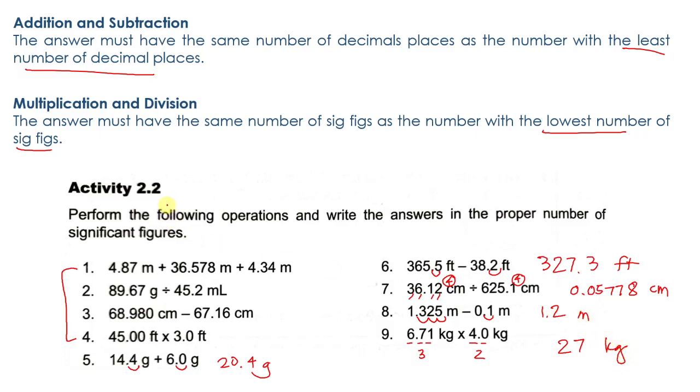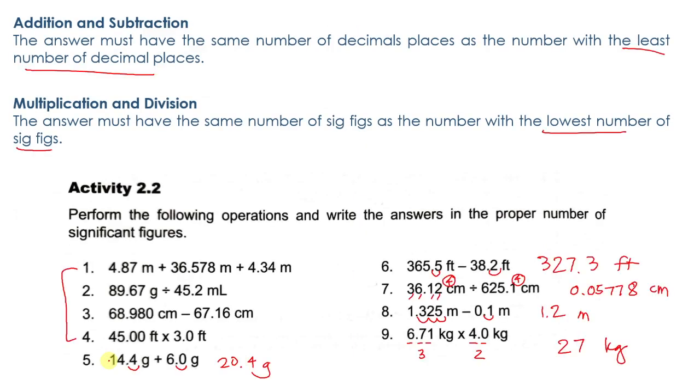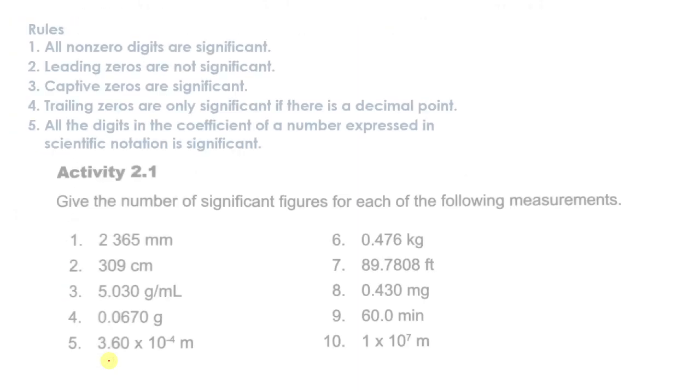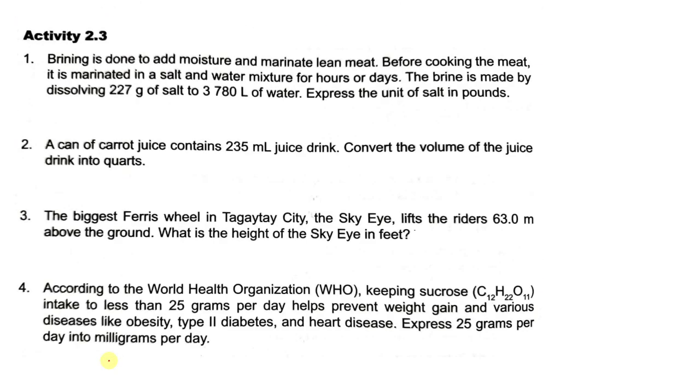So again, for this activity, answer numbers 1 to 4. Let's go to the last one. The last one is about conversion of units. I think activities 2.1 and 2.2 are already long. So if you have time, just practice answering activity 2.3.